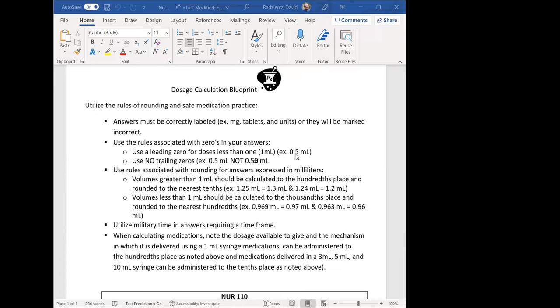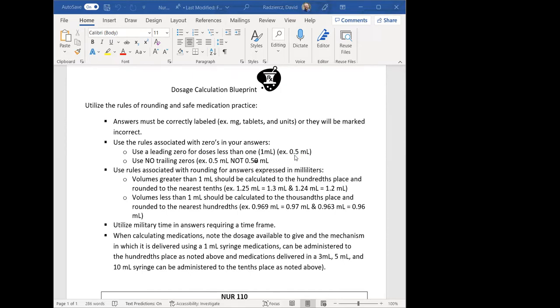But if it was half a milliliter, you would want to write 0.5 and make sure your decimal point is clearly delineated. The presence of the 0 being there should also indicate to your instructor or whomever is grading your test that that is a decimal answer.